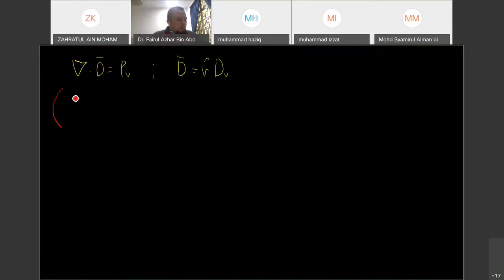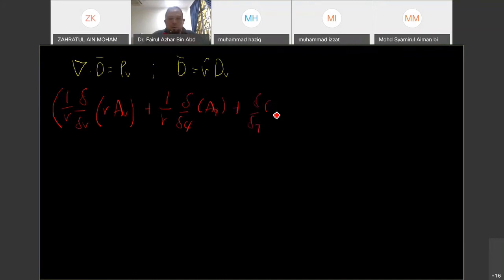So the equation of it will become 1 over r d over dr of r D r, plus 1 over r d d phi of D phi a phi, plus d dz of D z a z.